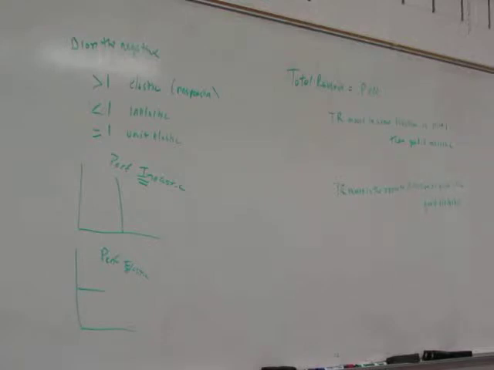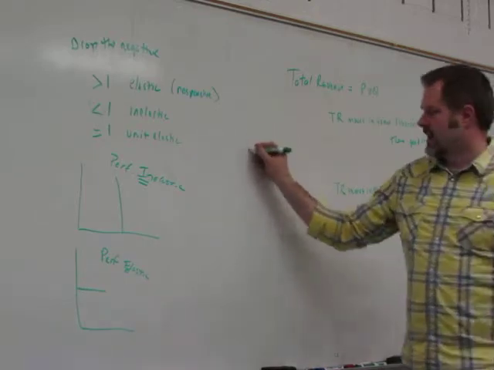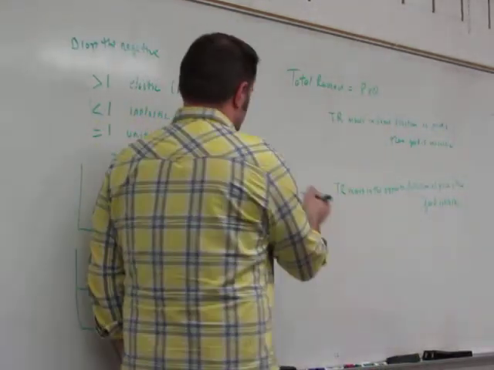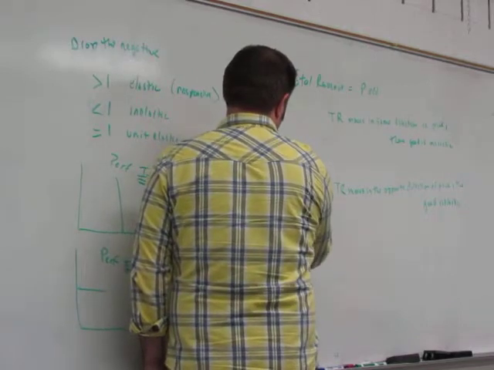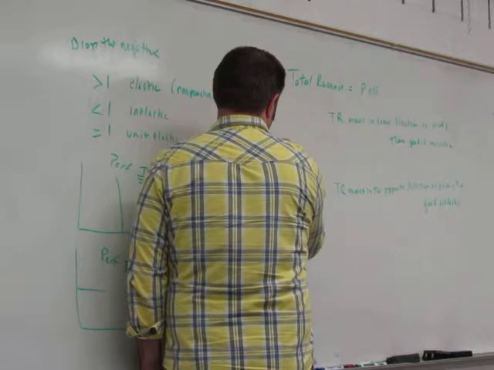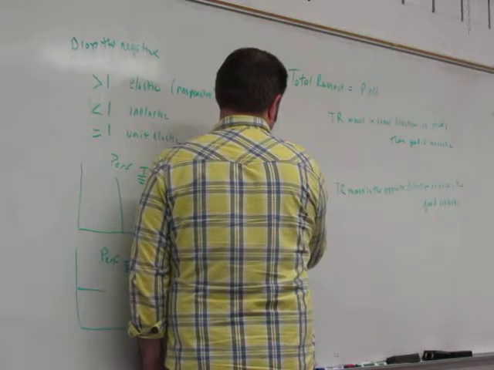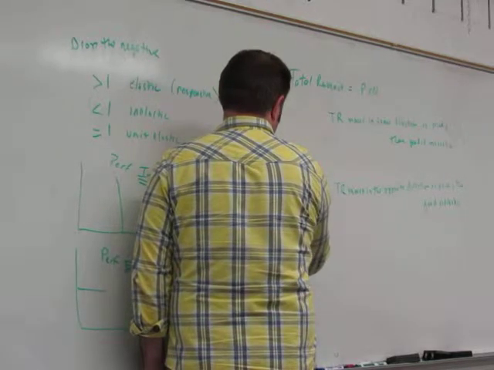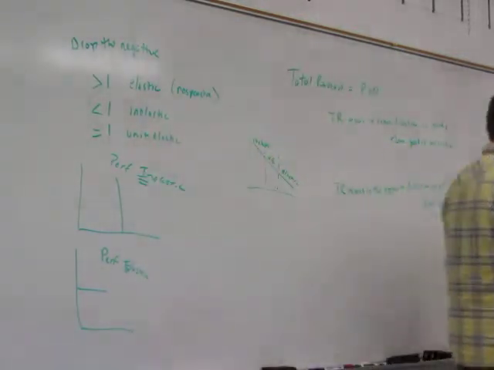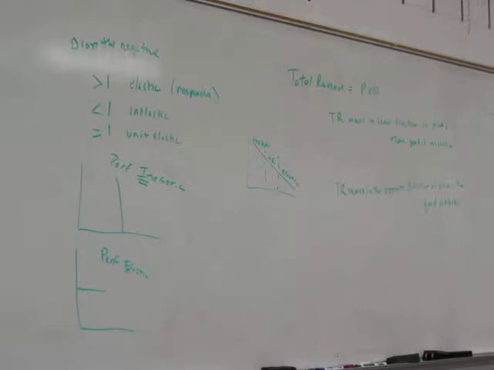And keep in mind, guys, that as you consider your demand curve, part of the demand curve is going to be inelastic, some portion of it's going to be unit elastic, and some portion of it is going to be elastic. All right, every demand curve has portions of both, unless it is the vertical line or the horizontal.